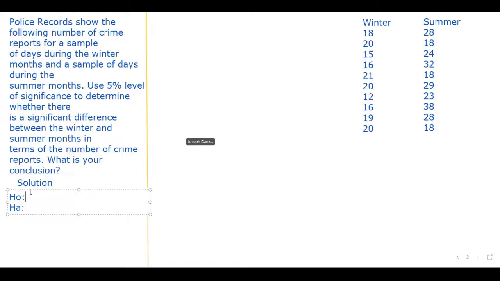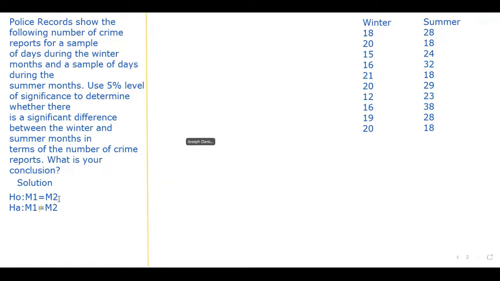So H0: M1 is equal to M2, and HA: M1 is not equal to M2. Simple. The moment you hear "different," bear in mind we are talking about the two tildes.